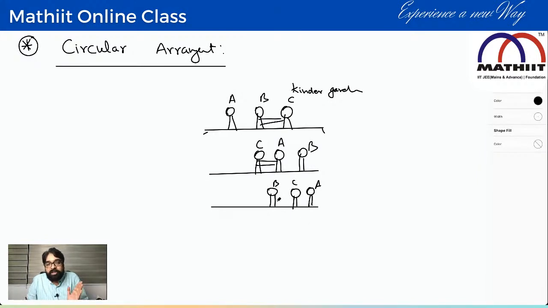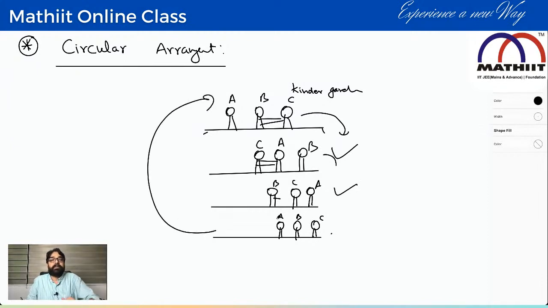Now this time B did the same job and the situation became this way. And you can see the new situation is the old situation only, came down. What I'm trying to tell you is, if you remove the object one by one, this is the arrangement, this is a new arrangement, this is also new, but this is the old arrangement that came. Are you able to understand what kind of arrangement is taking place here?